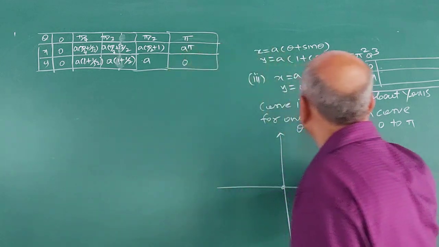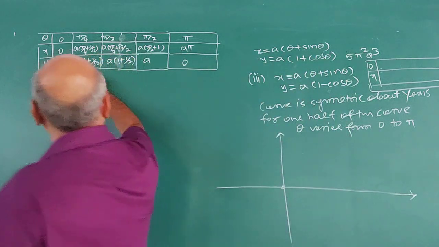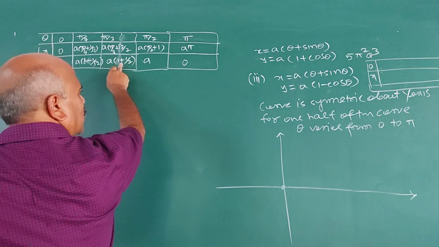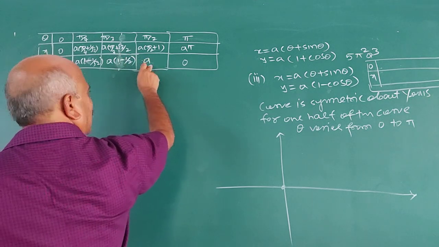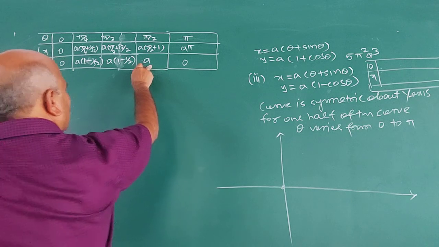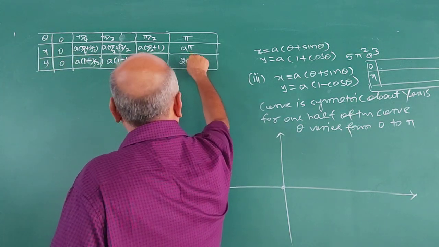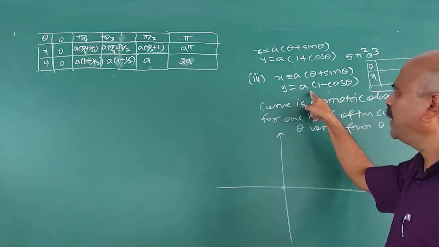So this is the curve here. Cos pi is minus 1, so y is 2a.